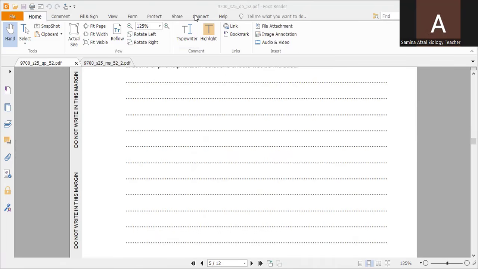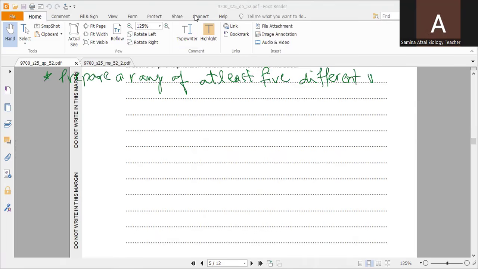First of all, we will set up the independent variable, which is pH. So prepare a range of at least 5 different pH values.